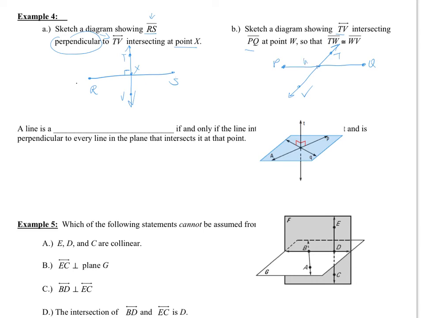Intersecting at point W, and then we want to show that segment TW is congruent to segment WV, so this one. So we need to use the little marks. So one little mark indicating that they're congruent.